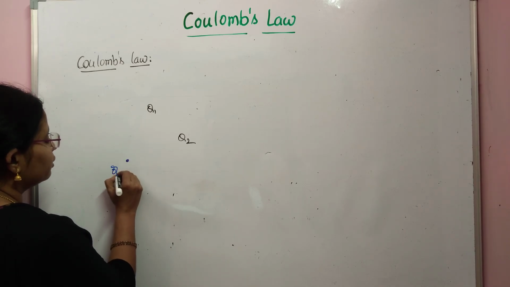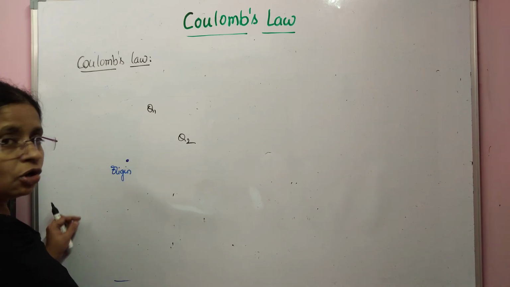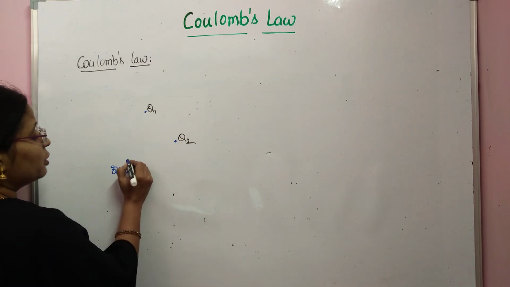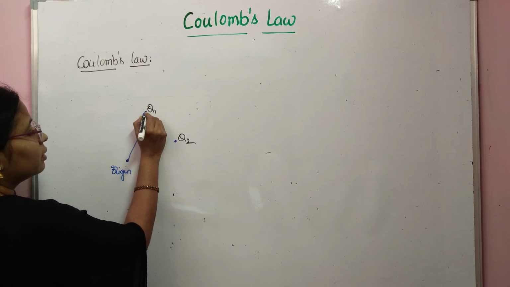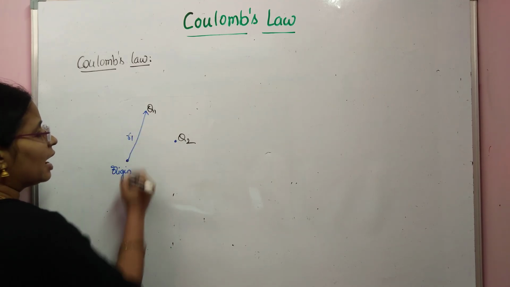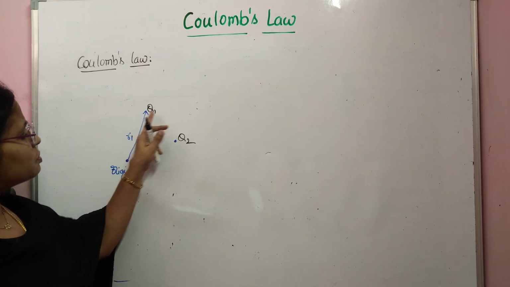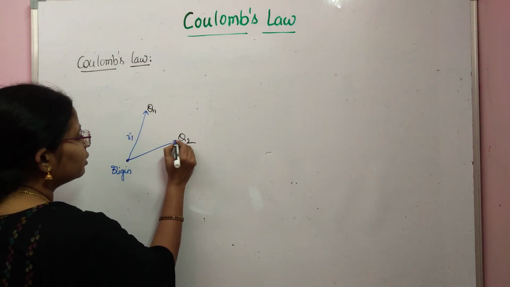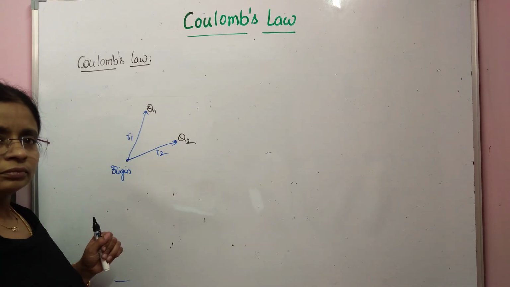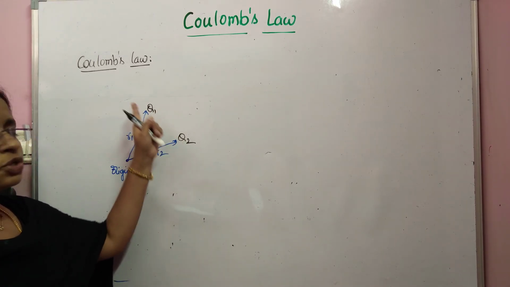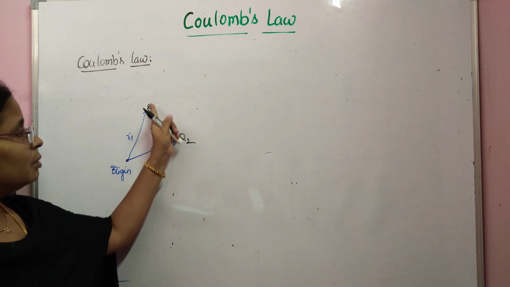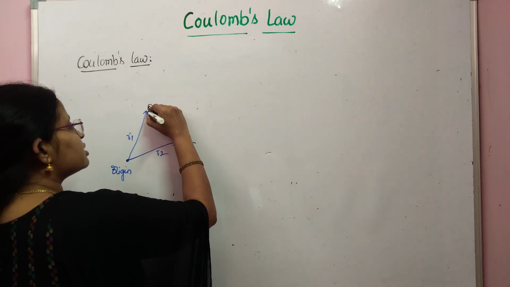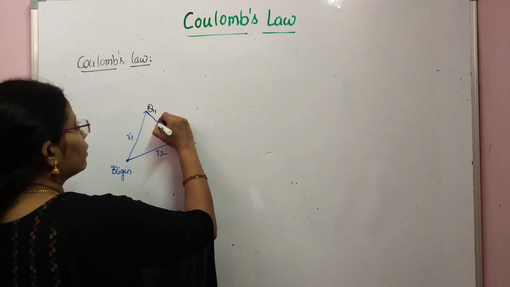This is the origin, this is Q1 and this is Q2, and the position vector R1 is nothing but the distance between the origin and Q1, and the position vector is R2. Now you can go for the distance between Q1 and Q2, that is called the distance vector. So this is the distance vector.